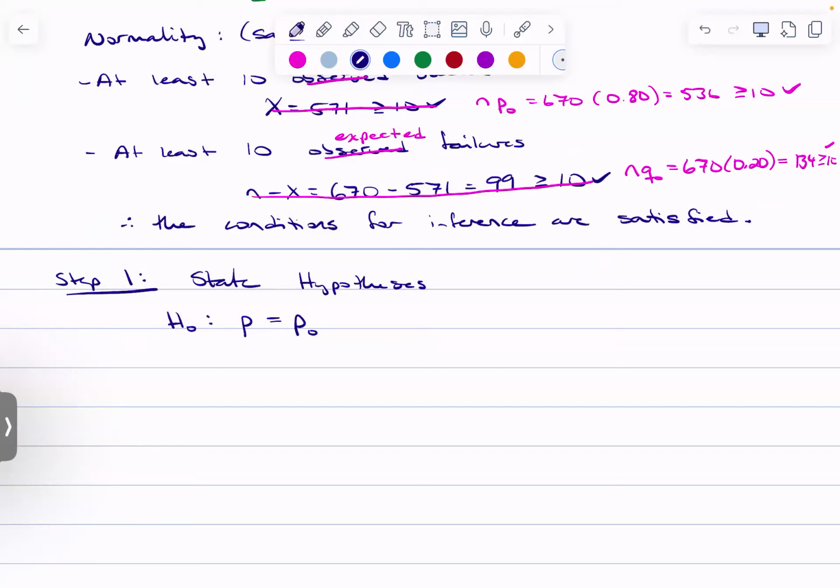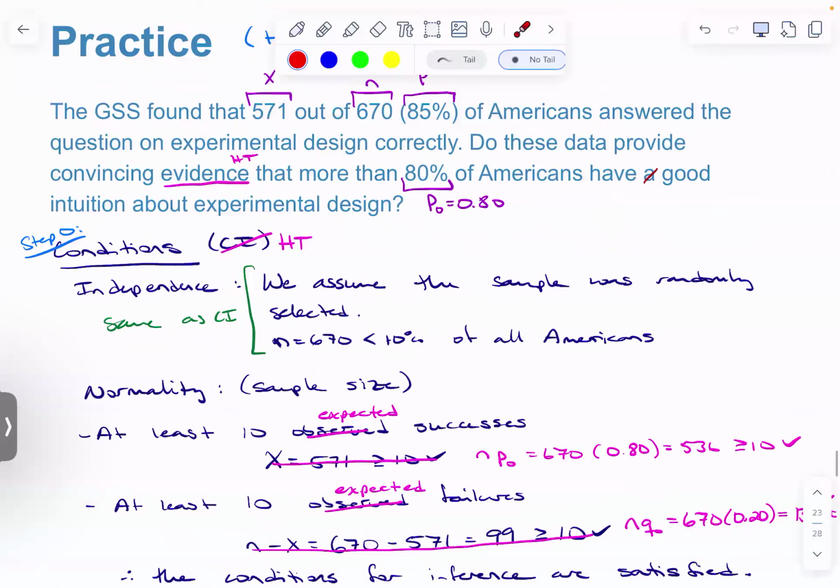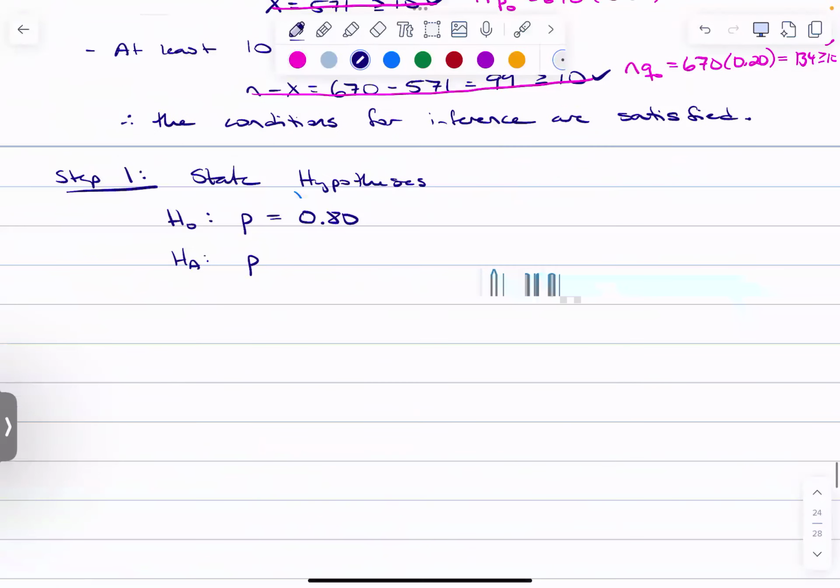But we need to replace that p naught with something from the question. So I'll erase that and change it to 0.80. We have to assume that it's 80% until I have evidence against that. And what do I want to prove? I want to show that p is more than 80%. So I'm only concerned with that one extreme. So p is greater than 0.80.